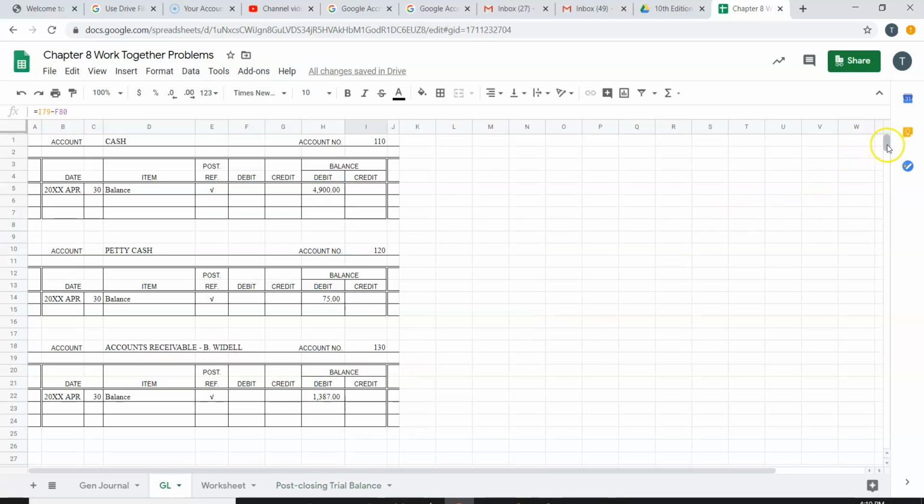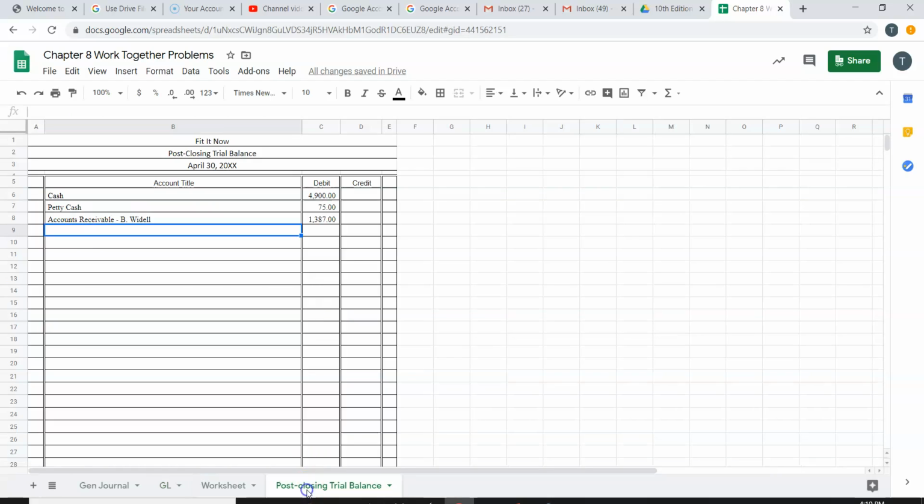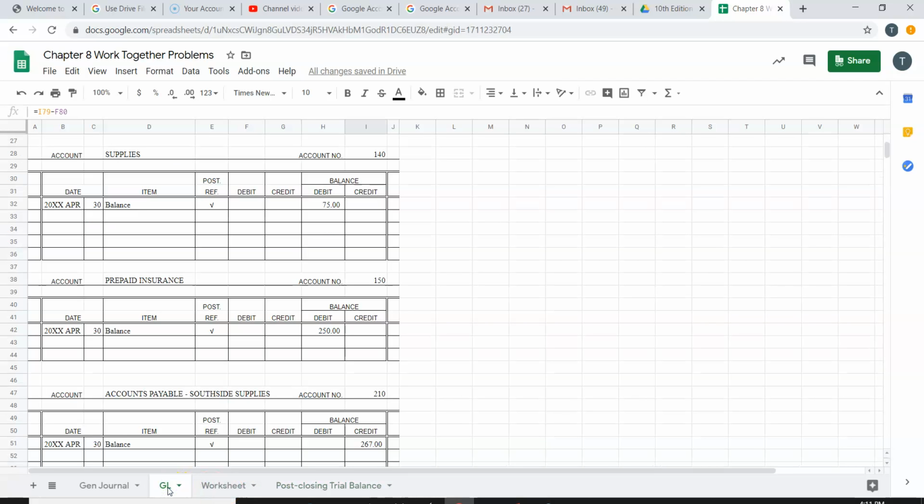I have to scroll down now. Here I have supplies. It has a debit balance of 75. Next I have prepaid insurance, also an asset. It has a debit balance of 250.